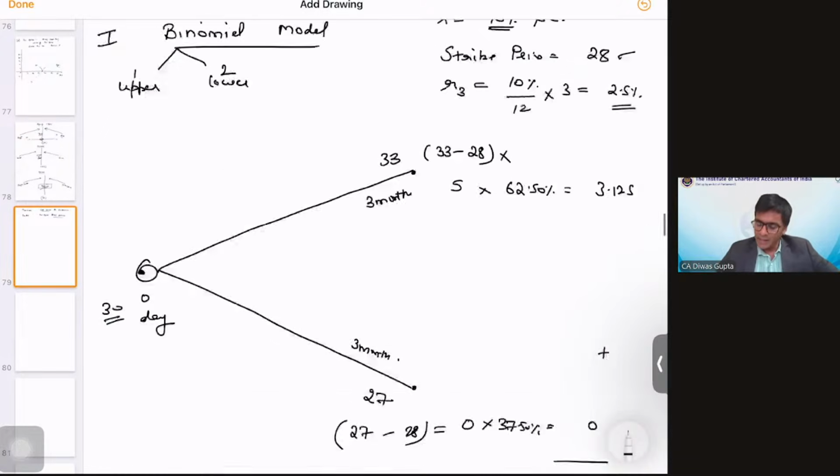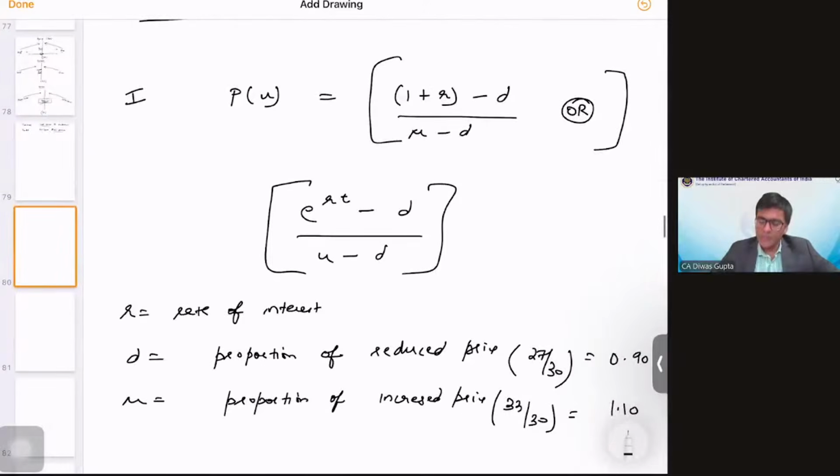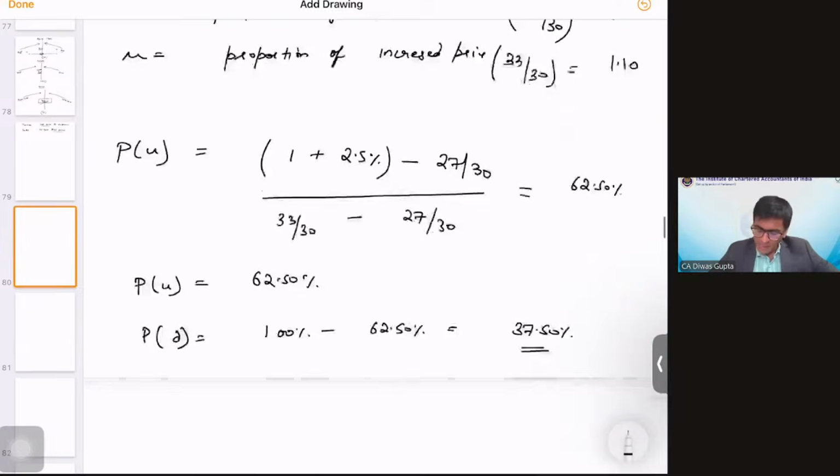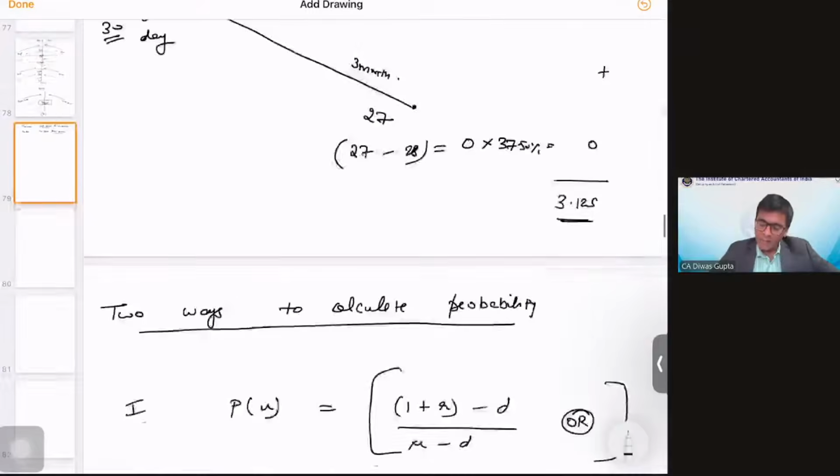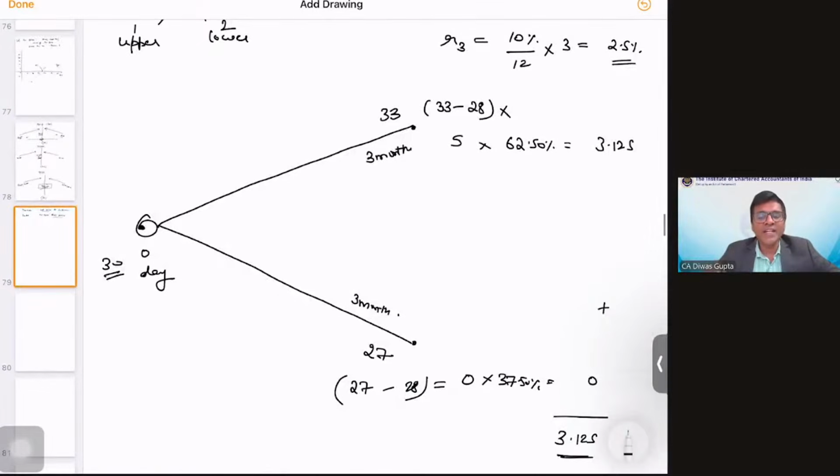The probability is calculated through this formula, 1 plus r minus d divided by u minus d, where d and u represent the proportion of prices going down and prices going up respectively. Then we take the weighted average payouts multiplied through their probabilities and take a summation, that becomes the overall option premium.